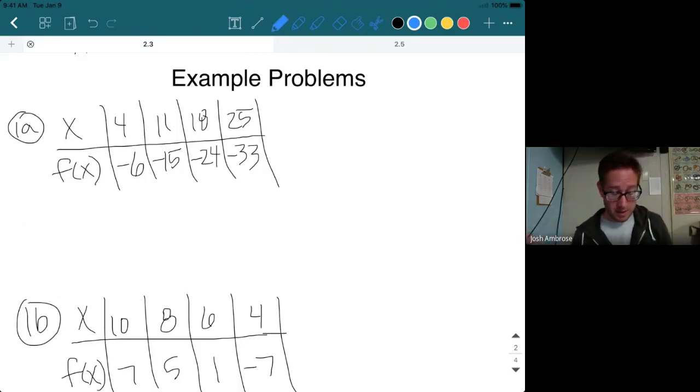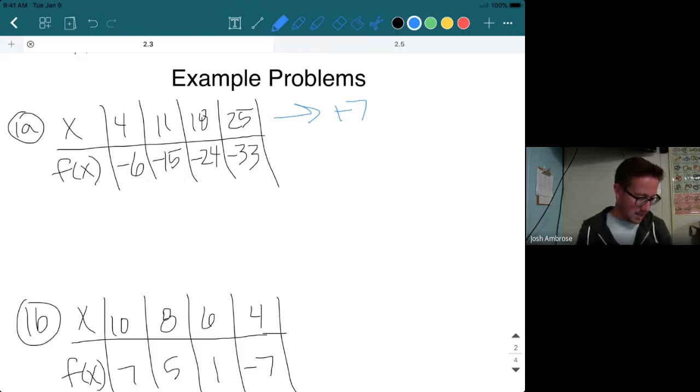How do we know that? You have 11 minus 4, that's 7. 18 minus 11, that's 7. 25 minus 18, that's 7. So 7 is the difference every time, and it's going up, so we know it's a positive 7 every single time.